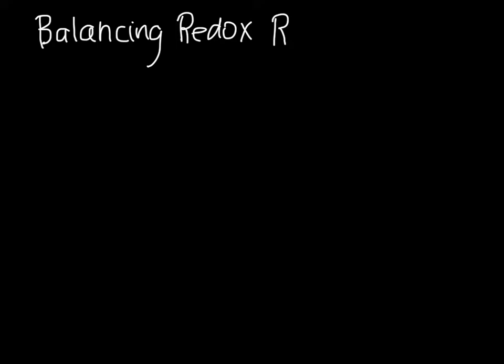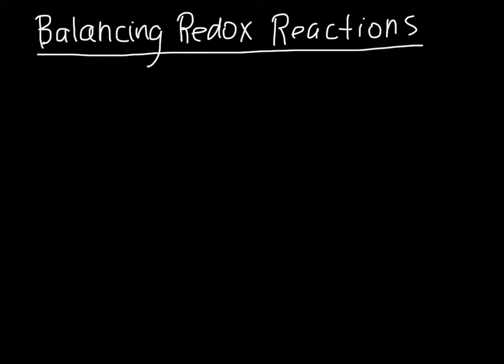Let's look at the procedure for balancing redox reactions. A redox reaction, that's short for oxidation and reduction, is one which simply involves the transfer of electrons from one species to another.